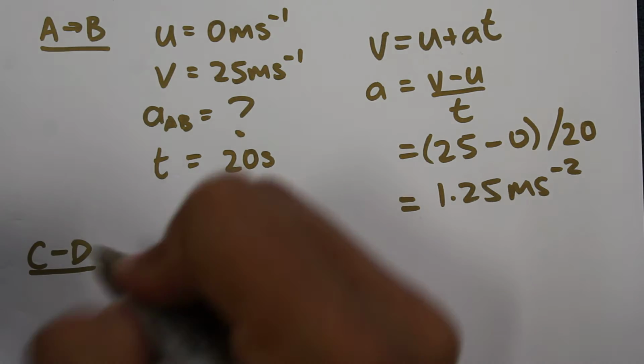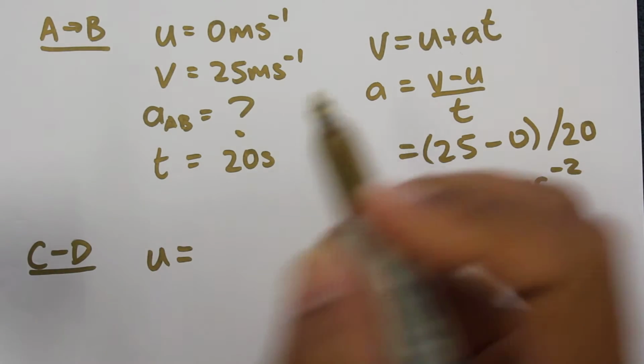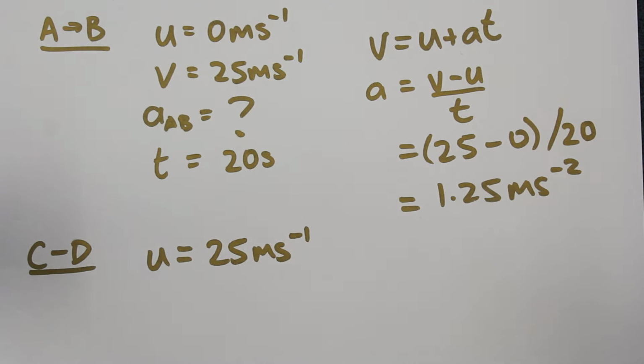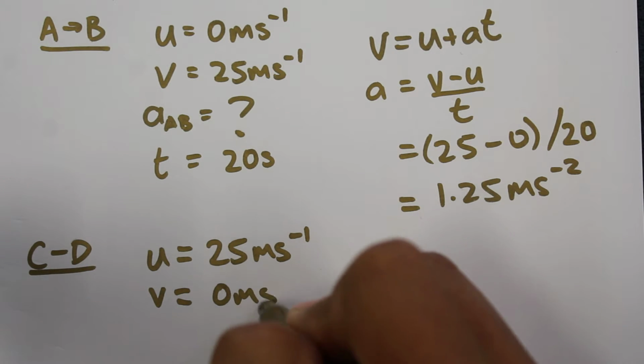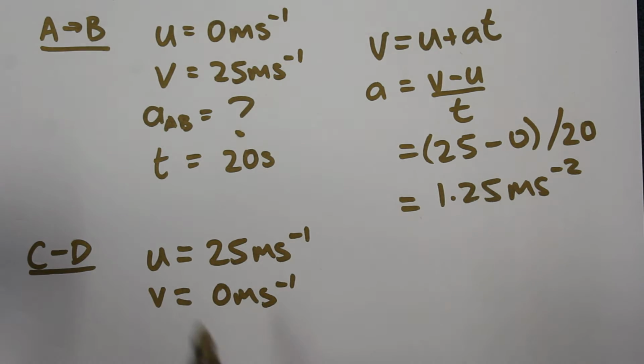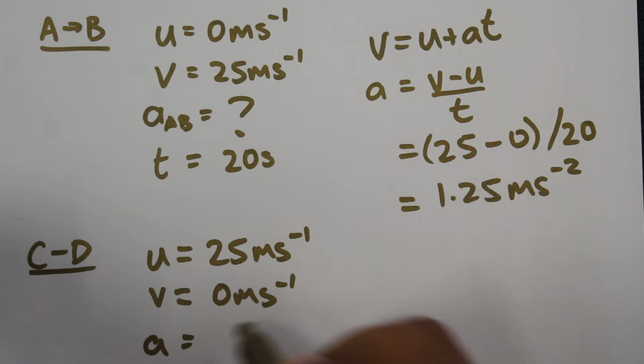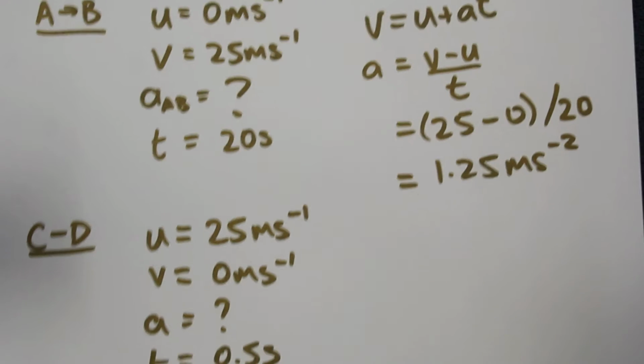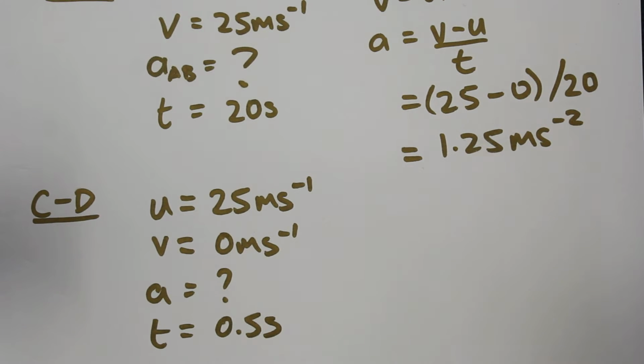Alright, so from C to D, initial velocity was 25 meters per second, final velocity was 0 meters per second. Acceleration is what we're trying to find, that's going from C to D. And then our time, which we know is 0.5 seconds for that section.